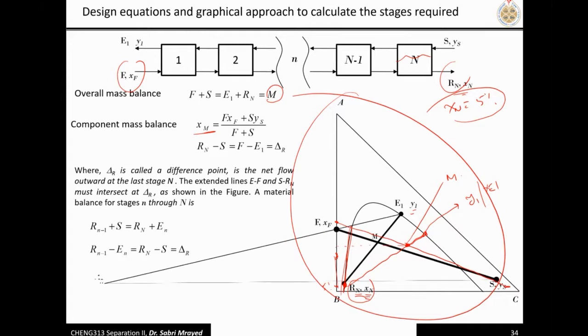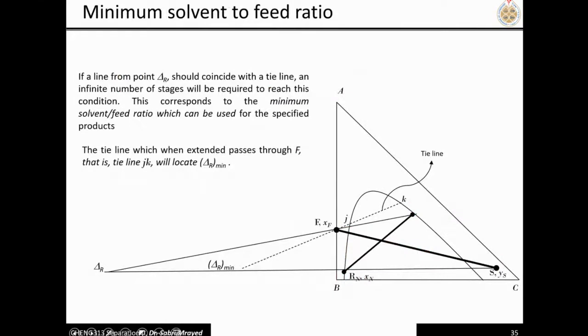Now, as you already know, minimum solvent is something that we usually have to determine. In the design of any process or any equipment, we try to minimize the cost. One of the contributions to the cost is the cost of the solvent used in any treatment process.